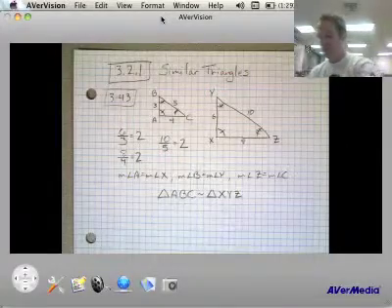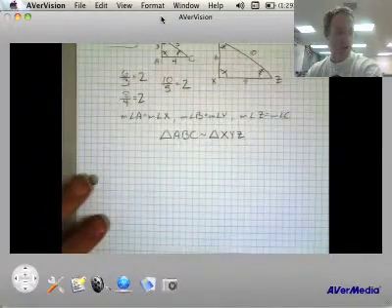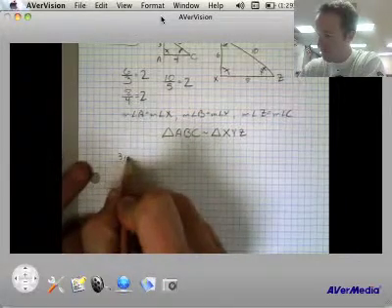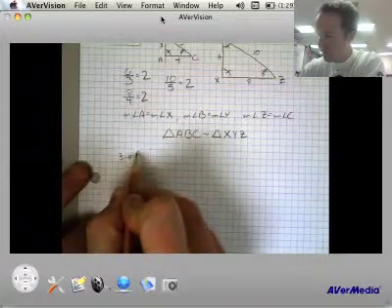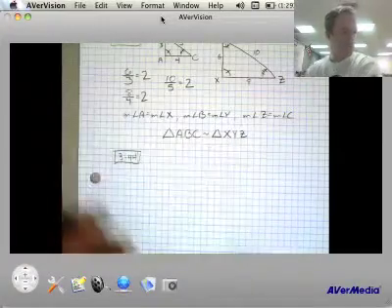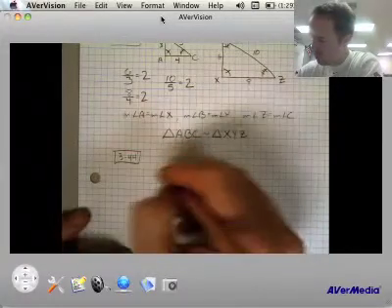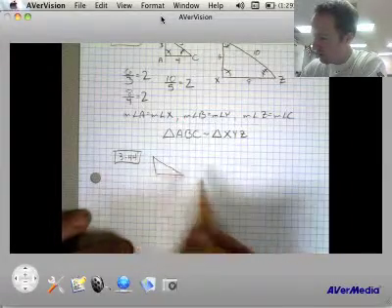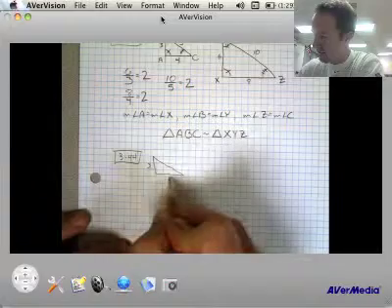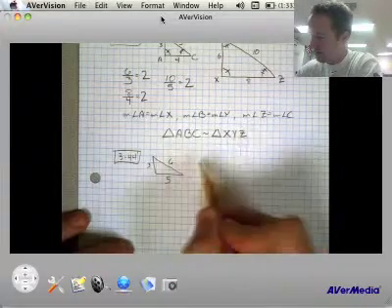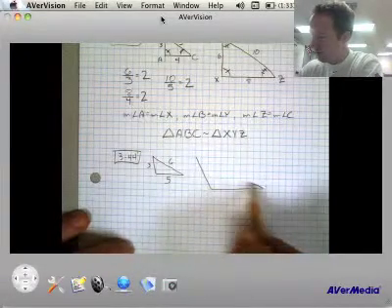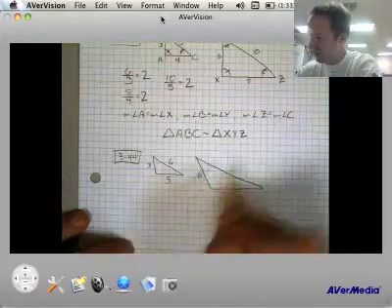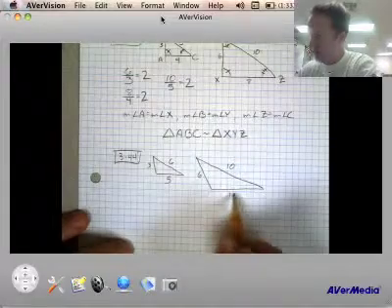So let's go back to our paper. What did we just figure out? Let's say we had two triangles, 3, 5, and 6, and another one that was 6, 10, and 12.